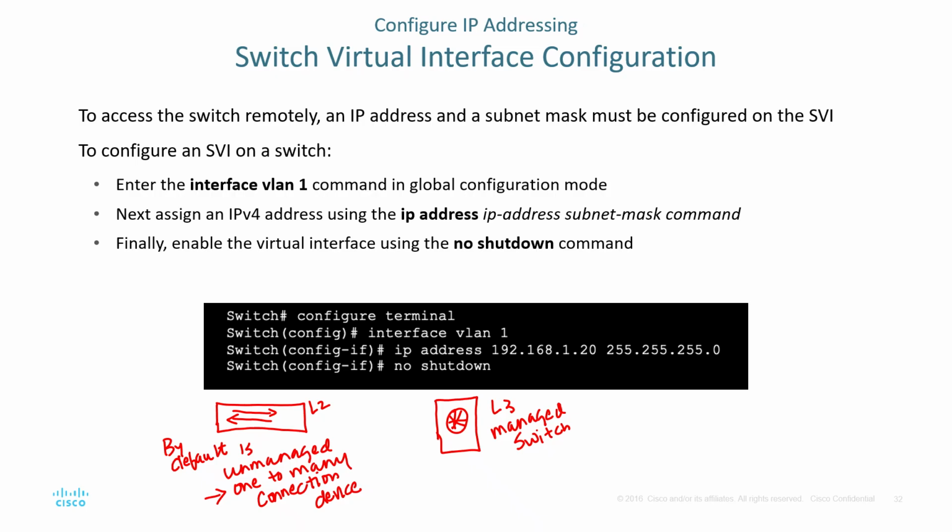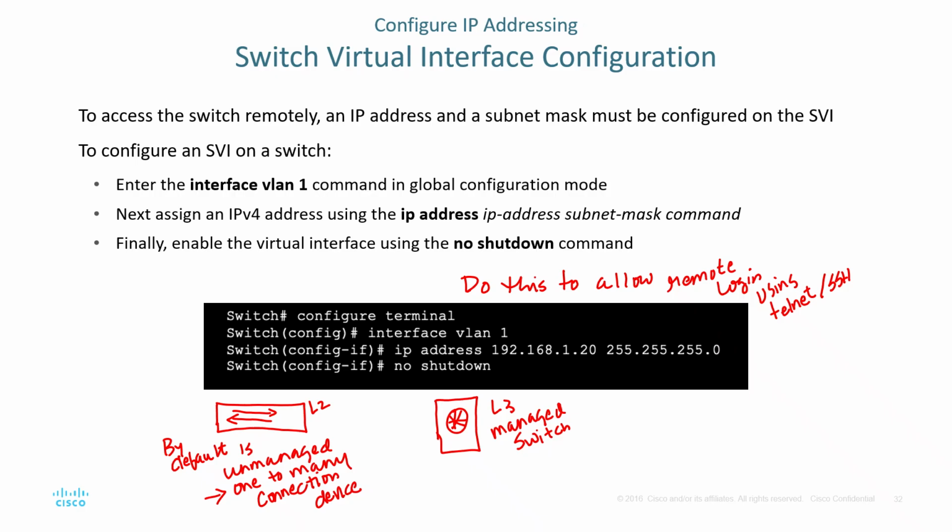So the only reason at this juncture to put an IP address on interface VLAN 1 is for remote login. Okay, so at this juncture, that's really all you need to know about it.